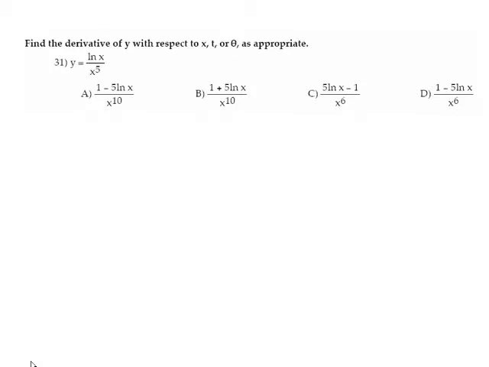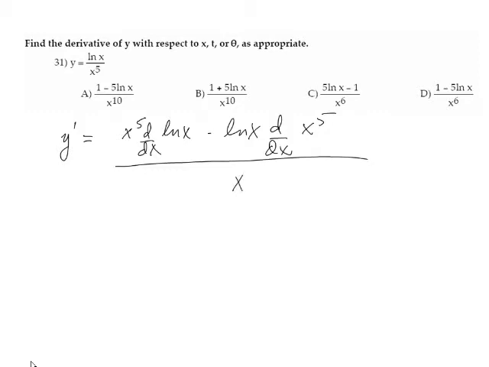Number 31, here we've got the derivative of ln of x over x to the 5th. You need to do the quotient rule. y prime would be x to the 5th times the derivative with respect to x of ln of x, minus ln of x times d/dx of x to the 5th, divided by x to the 10th power.